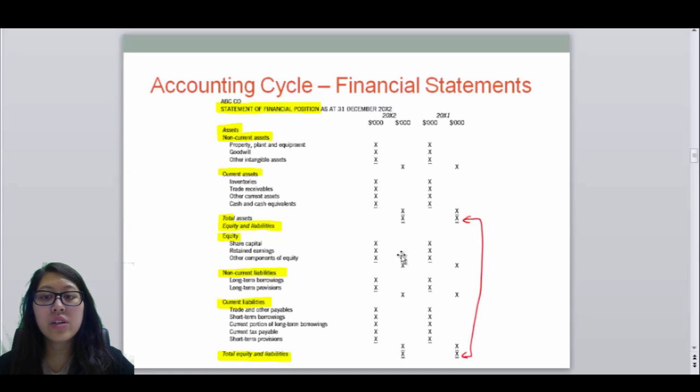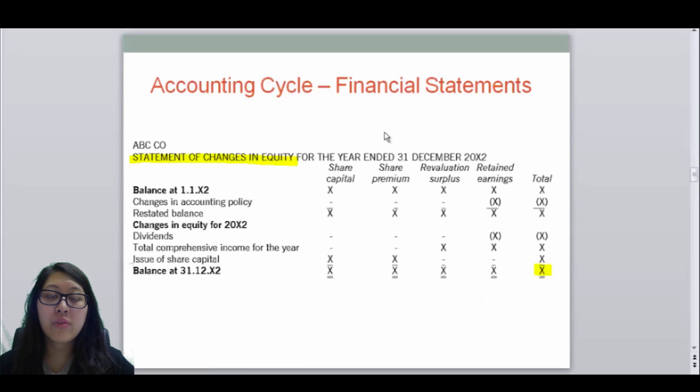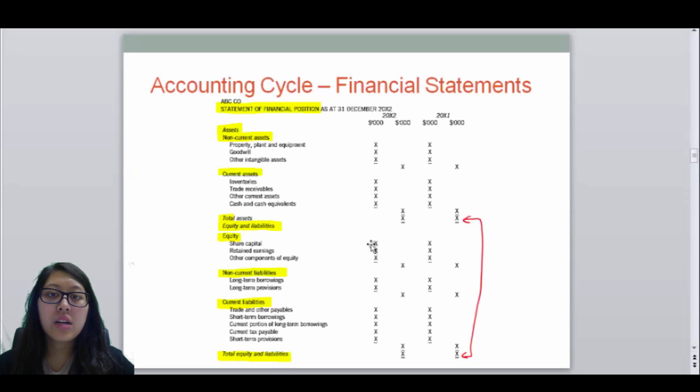The total figure for the share capital at the closing balance would then be posted into the SOFP, but only the closing balance. Same goes for the other balances such as retained earnings and other components of equity.